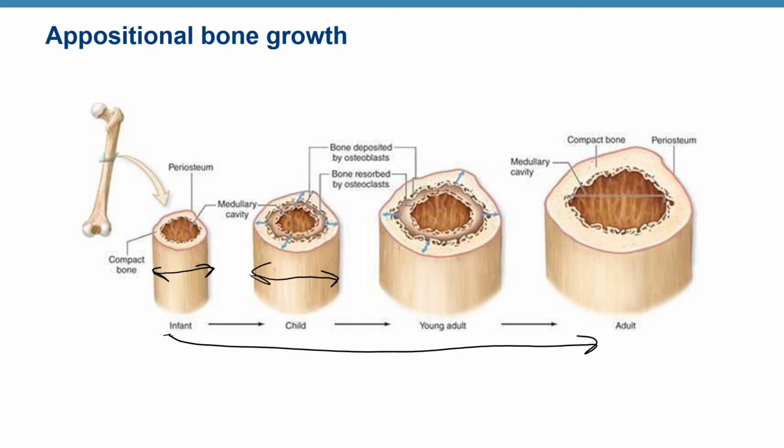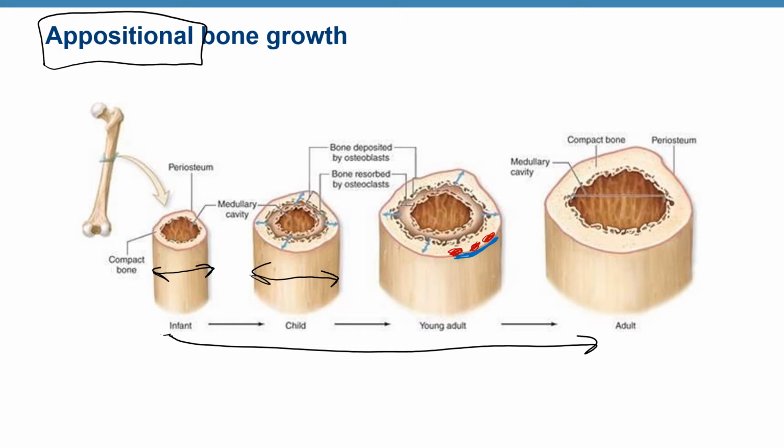And when bones grow in diameter, we call it appositional bone growth. So here's the word, appositional. And what happened over here, actually we have this membrane, and this membrane is called periosteum. And you know that inside the periosteum, we have osteoclast and we have osteoblast.